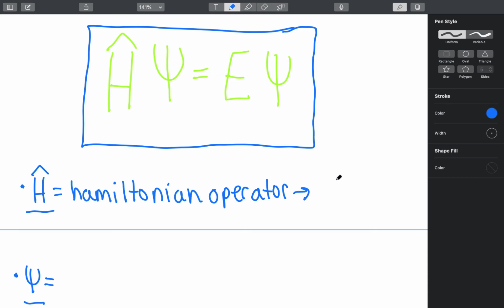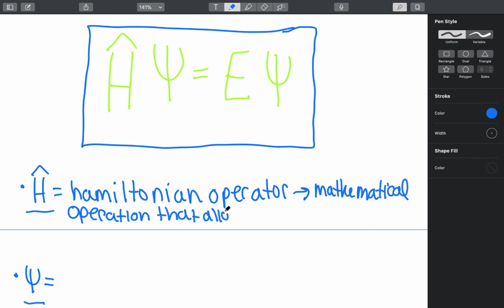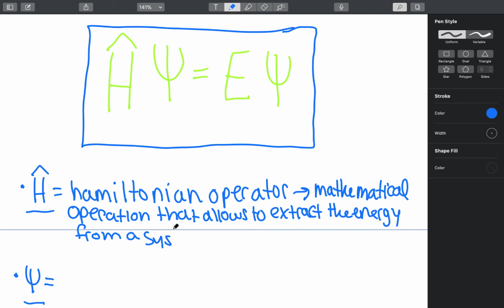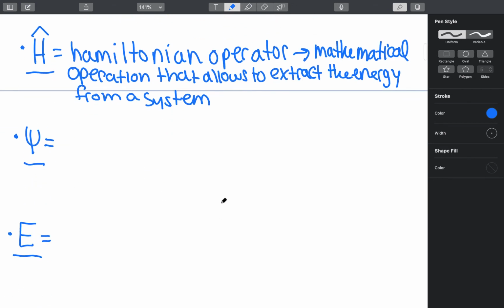And the Hamiltonian operator is basically a mathematical operation that allows us to extract the energy from a system. So it provides us information about the energy within a particular system.